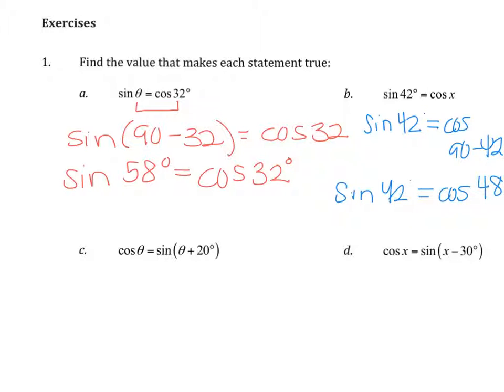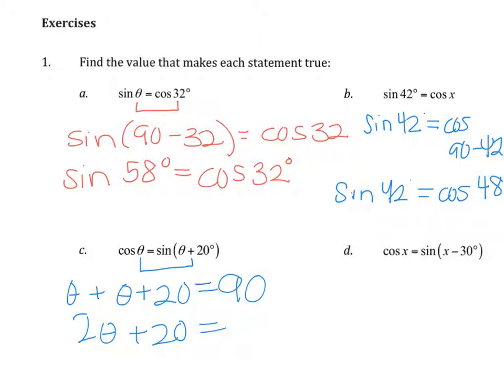Since the sum of the two angles has to be equal to 90 degrees, I'm just going to take theta and write it as a sum with the other angle, theta plus 20, and make an equation by setting it equal to 90. So 2 theta plus 20 is equal to 90.